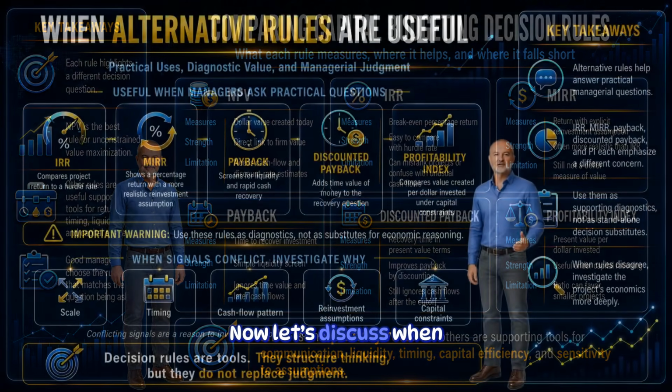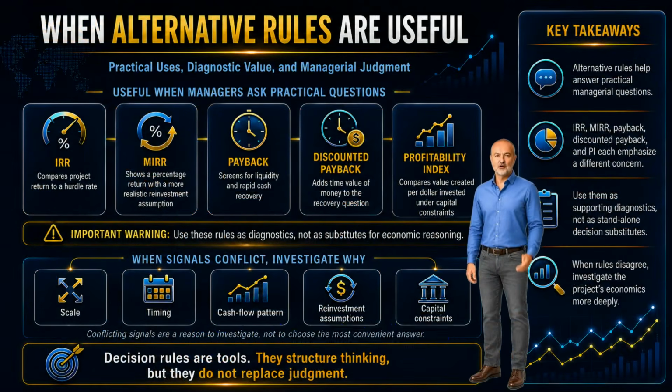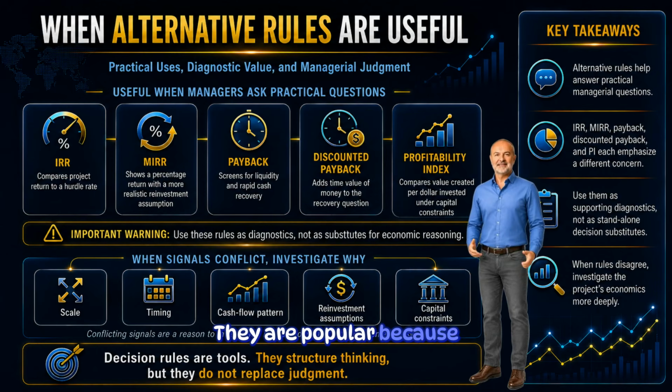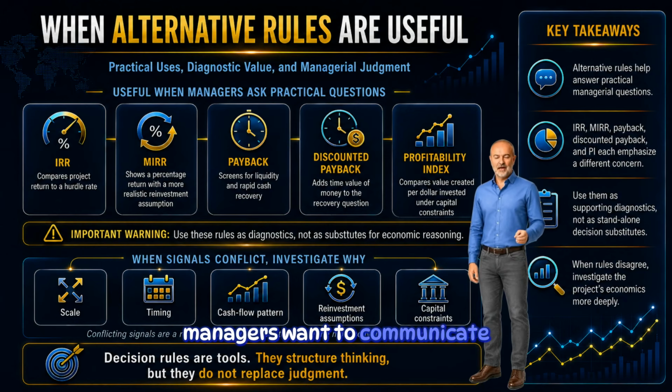Now, let's discuss when the alternative rules are useful. We should not dismiss IRR, MIRR, payback, discounted payback, or profitability index. They are popular because they help managers ask practical questions. IRR is useful when managers want to communicate project performance relative to a hurdle rate.